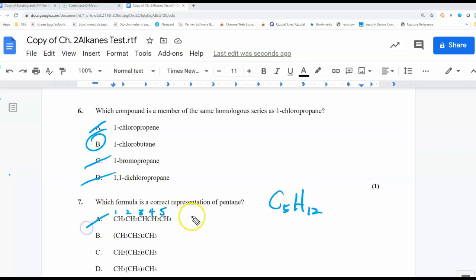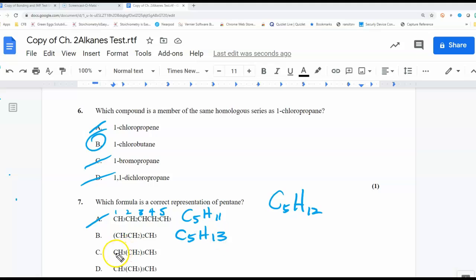So this one does not work because this is C5H11. This one has 1, 2, 3, 4, 5 carbons, correct, but it has 3 plus 3 is 6, 2 plus 2 is 4, so I have 10, and then I have 3, so I have C5H13, and that won't work.